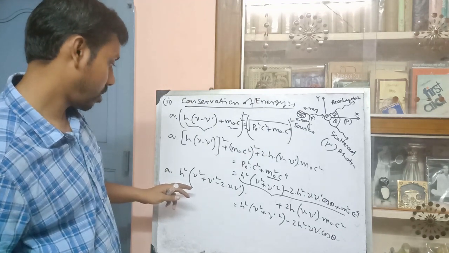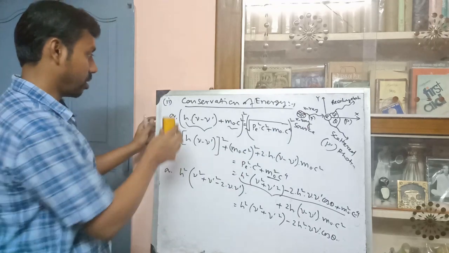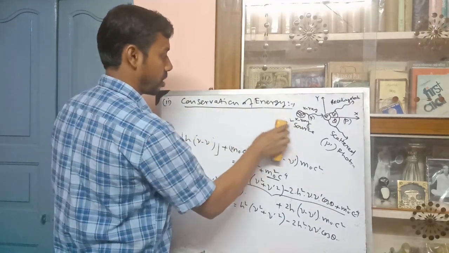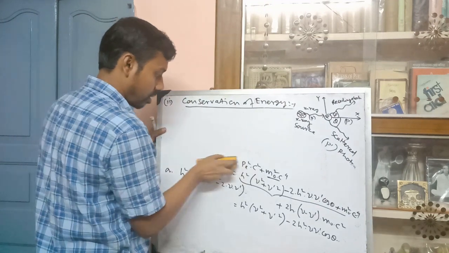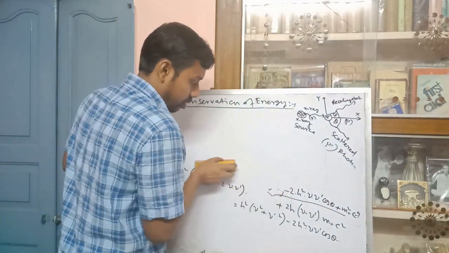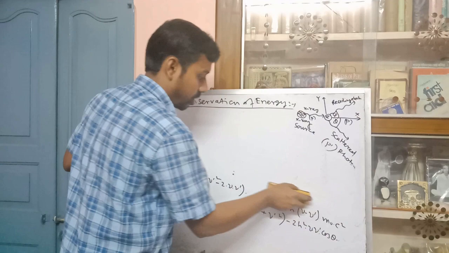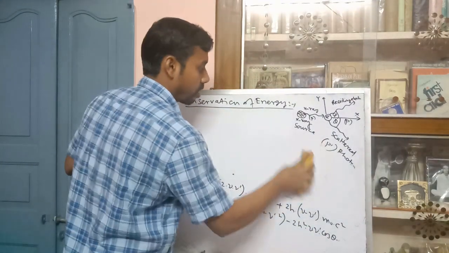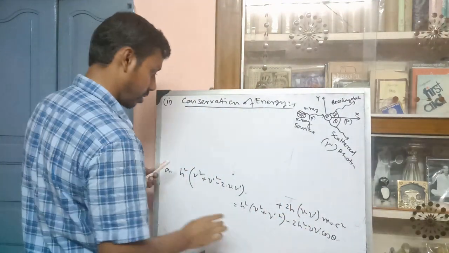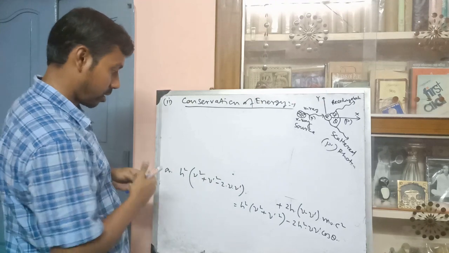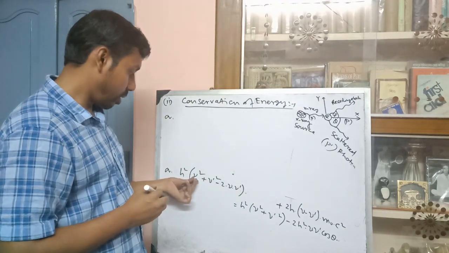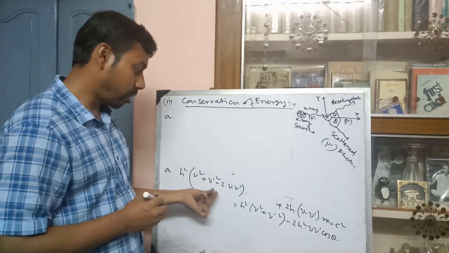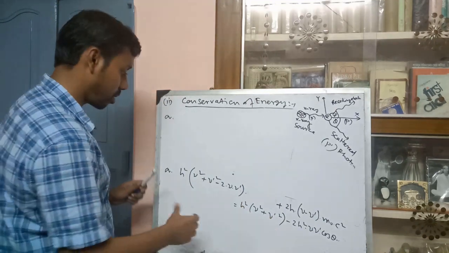Or look, h square nu square plus h square nu dash square, this portion also cuts out.